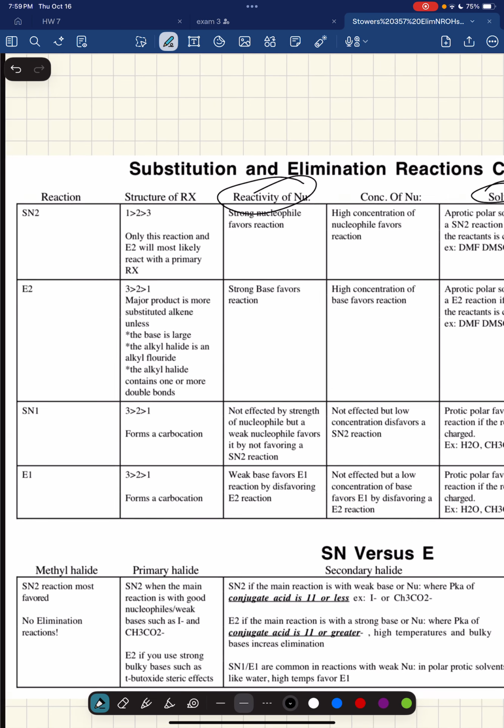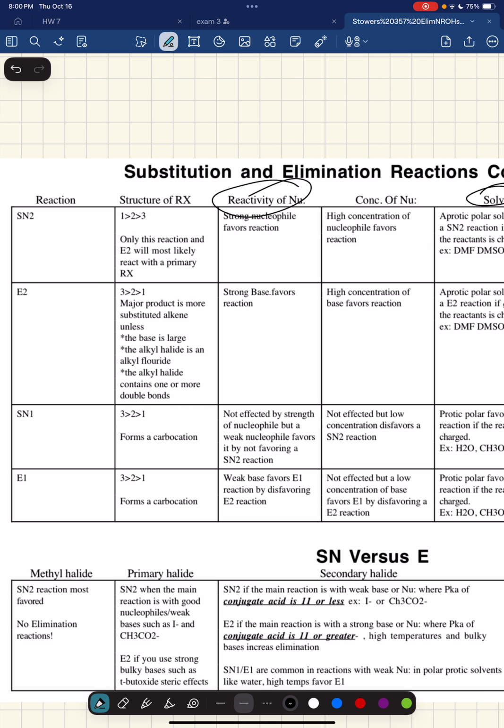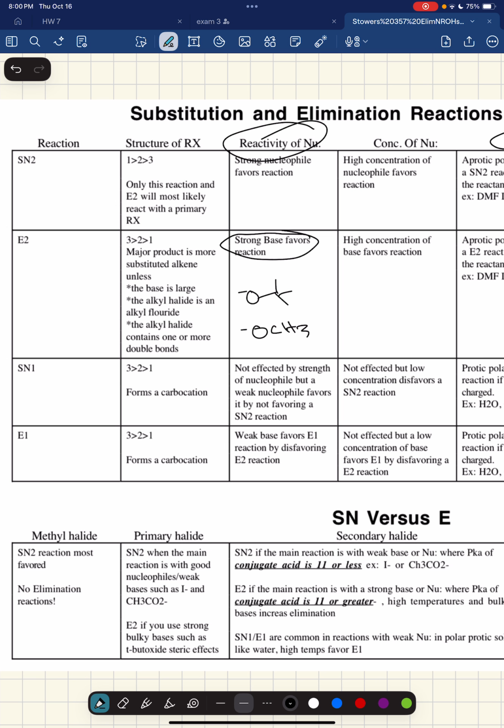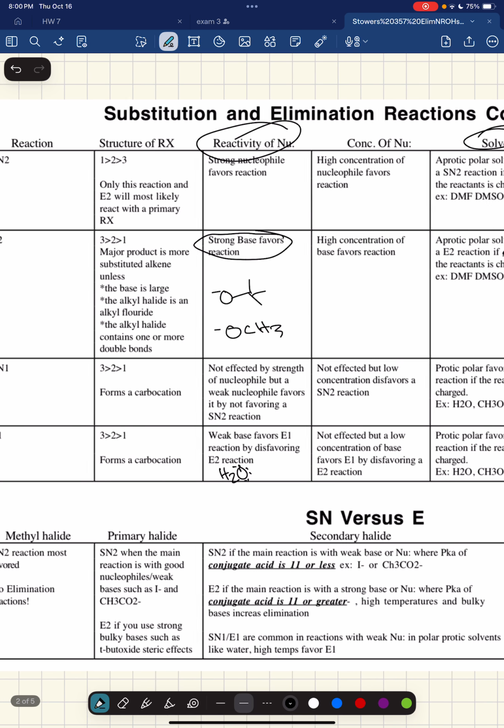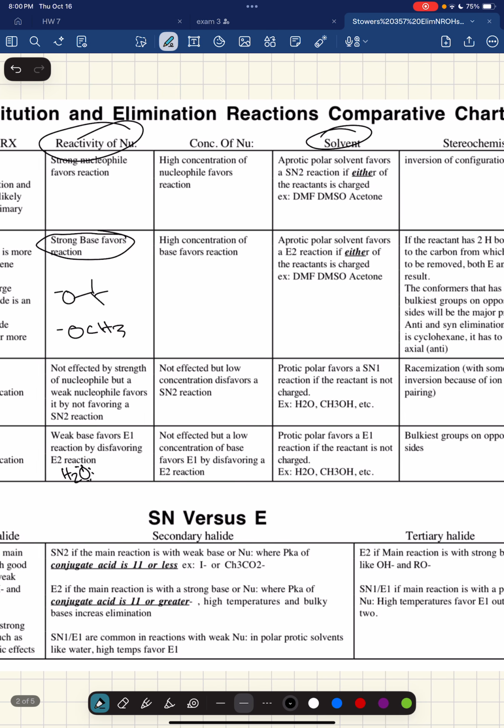So if you look at the nucleophile, E2 is favored by strong bases. It could be a strong big base, like tert-butoxide, or a small little base. And then E1 reactions are favored by weak bases that are often also just the solvent, like these.